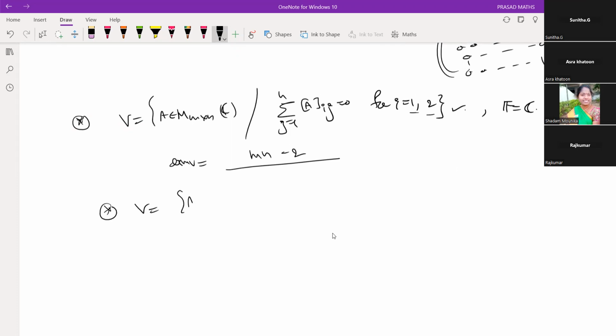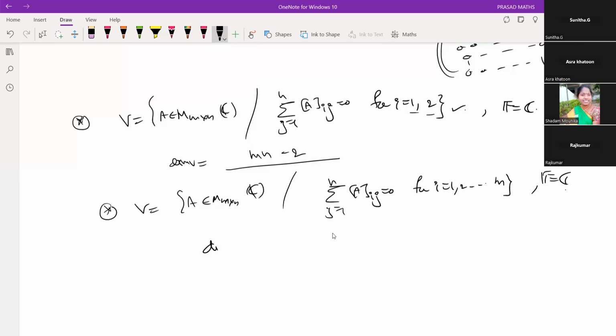Suppose my vector space is the space of all M by N matrices over field C such that each row sum is 0. What is the dimension? Yeah, tell me. Total minus M. Mn minus M. Good.